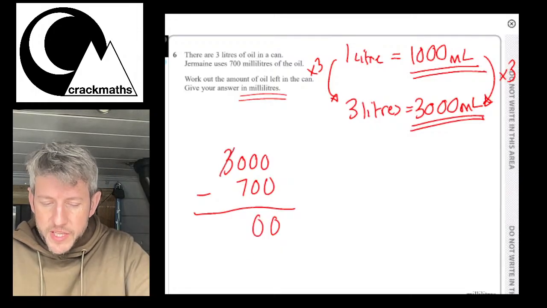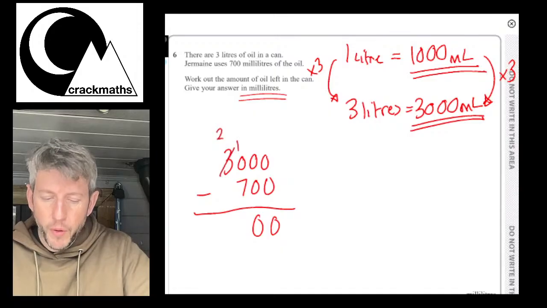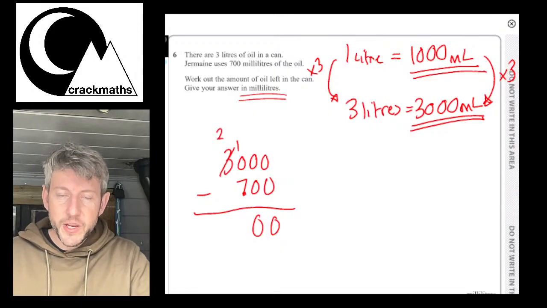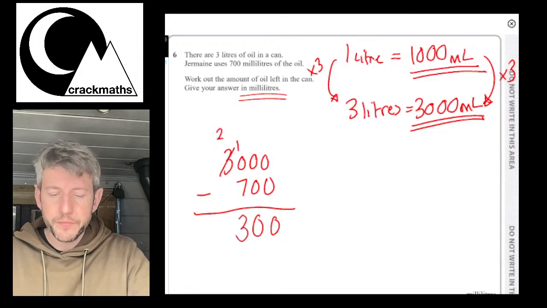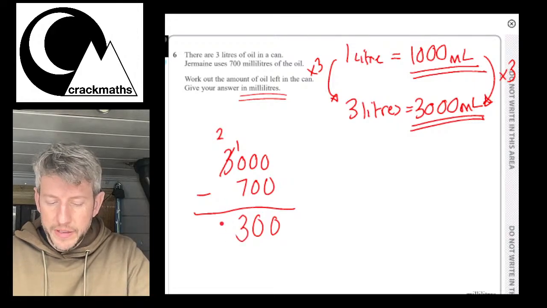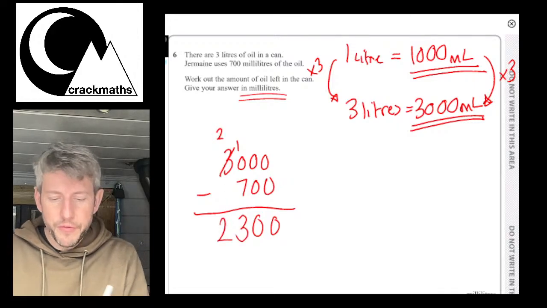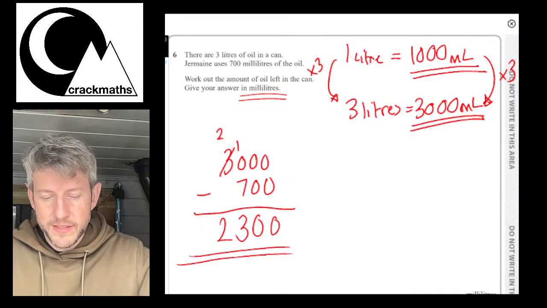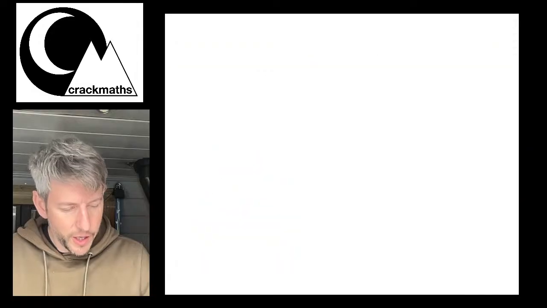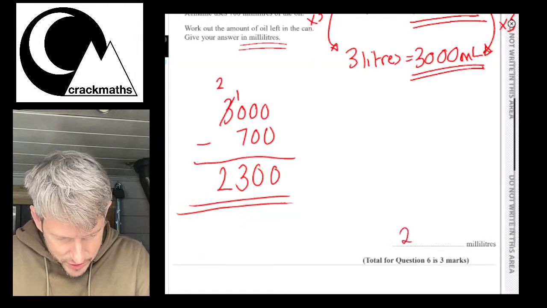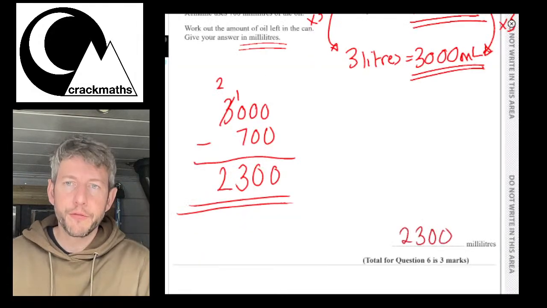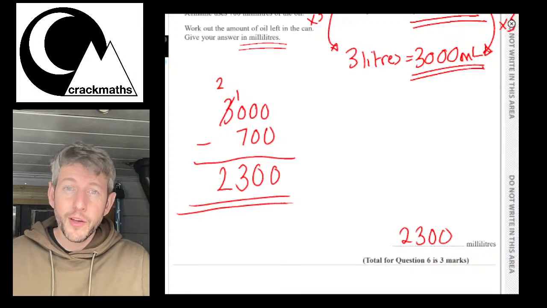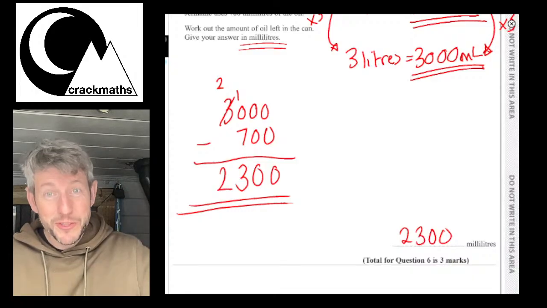So I'm going to have to turn this into a 2 and borrow 1. 10 take away 7 is 3. 2 take away nothing is 2. So the answer for this question is going to be 2,300 millilitres. So I can put that over here as 2,300 millilitres. Okay, right, let's go on to the next question.